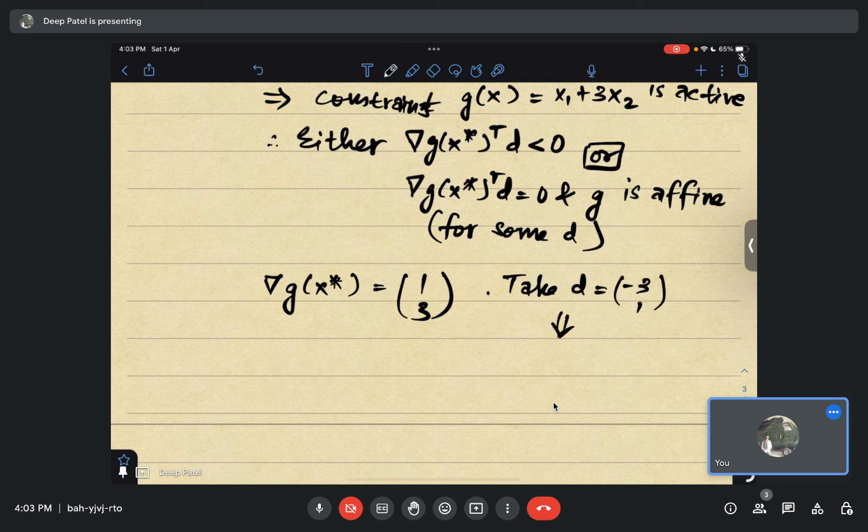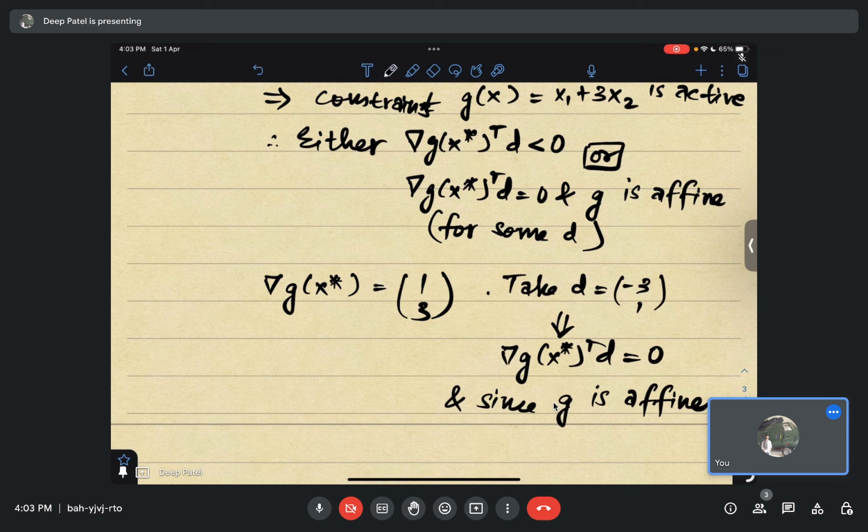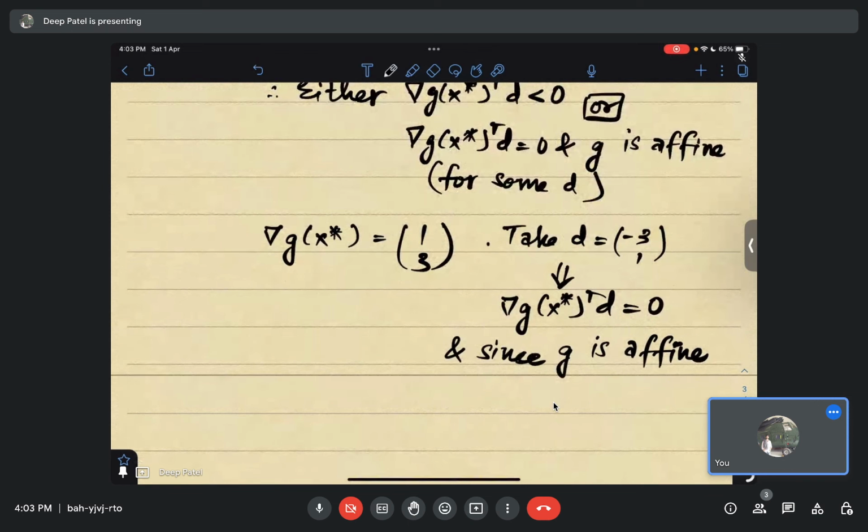This will ensure that the gradient inner product is 0, and since g is affine, CQ1 holds.